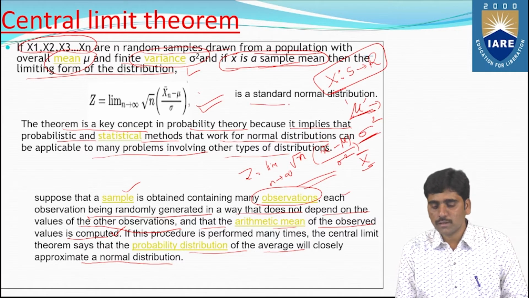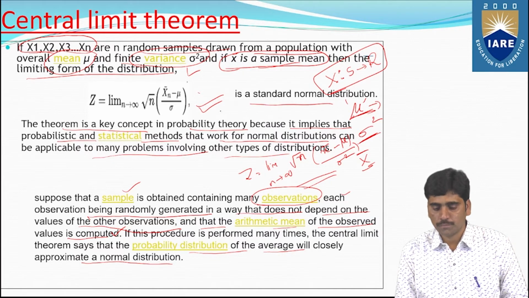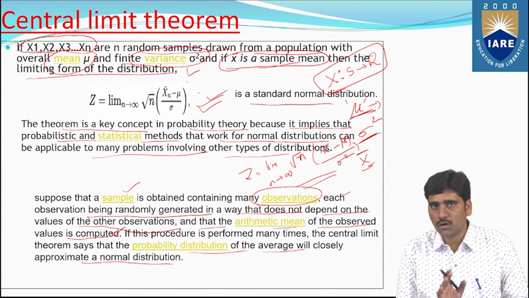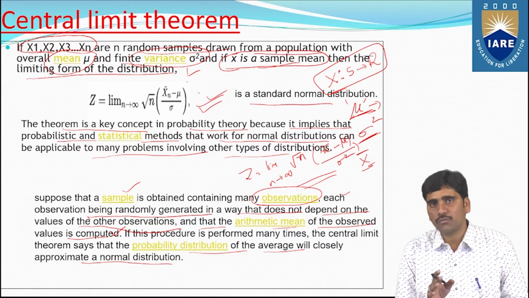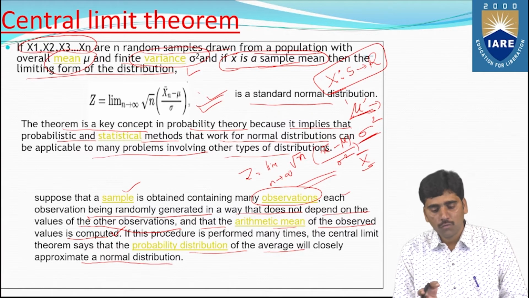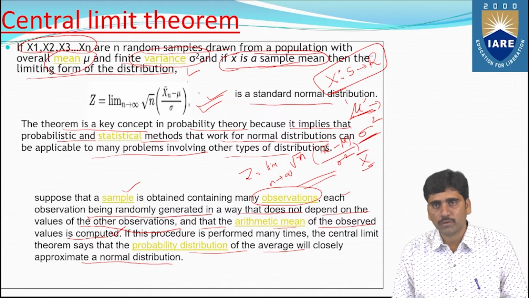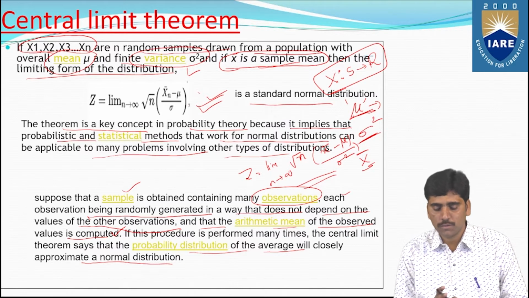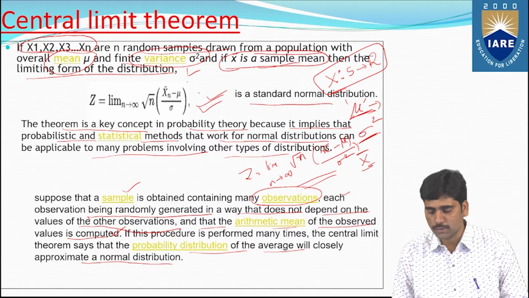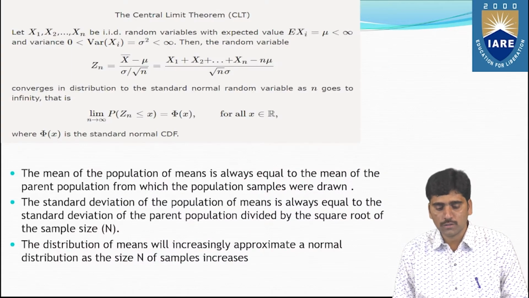So that is the standard normal distribution form. So finally we are saying that to find the normal distribution of the given mean, variance or sample mean, we have to go for the central limit theorem. So we'll see how it is working.